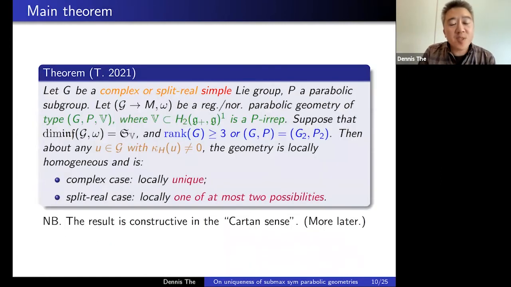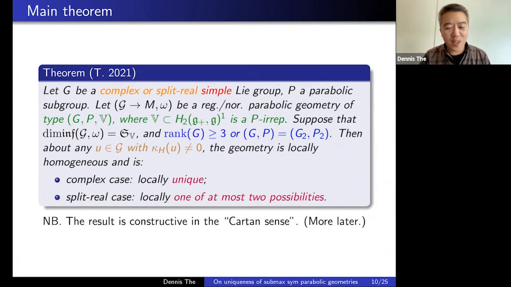Okay, so that's enough to be able to formulate the main theorem that I'm introducing today. So we're going to put some nice conditions. Let G be a complex or split real simple Lie group. Okay, so I gave you an example of what's split real versus something not split real. But the moral reason why this is nice to restrict to is that we're going to be using representation theory, and we're going to have extremal orbits.